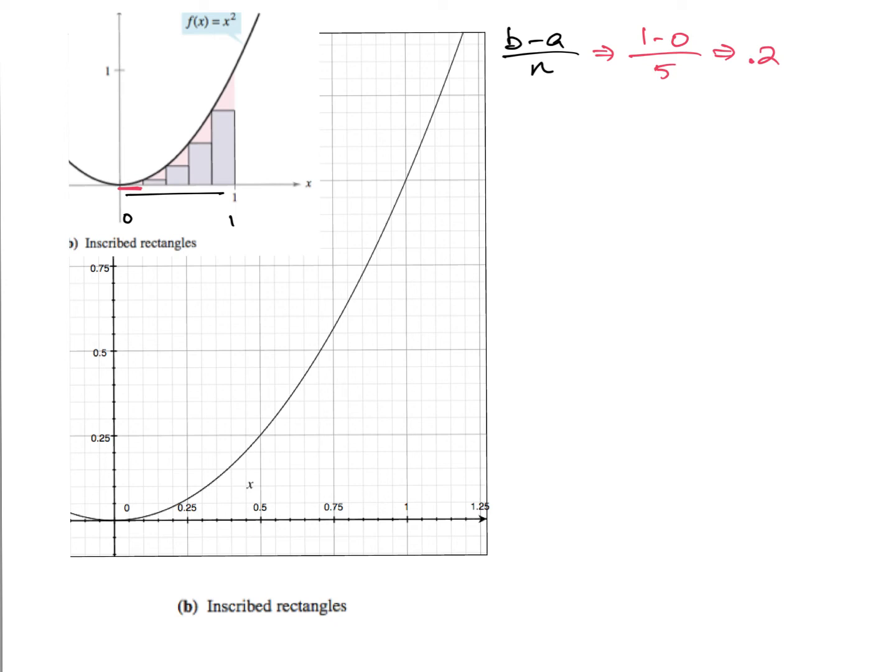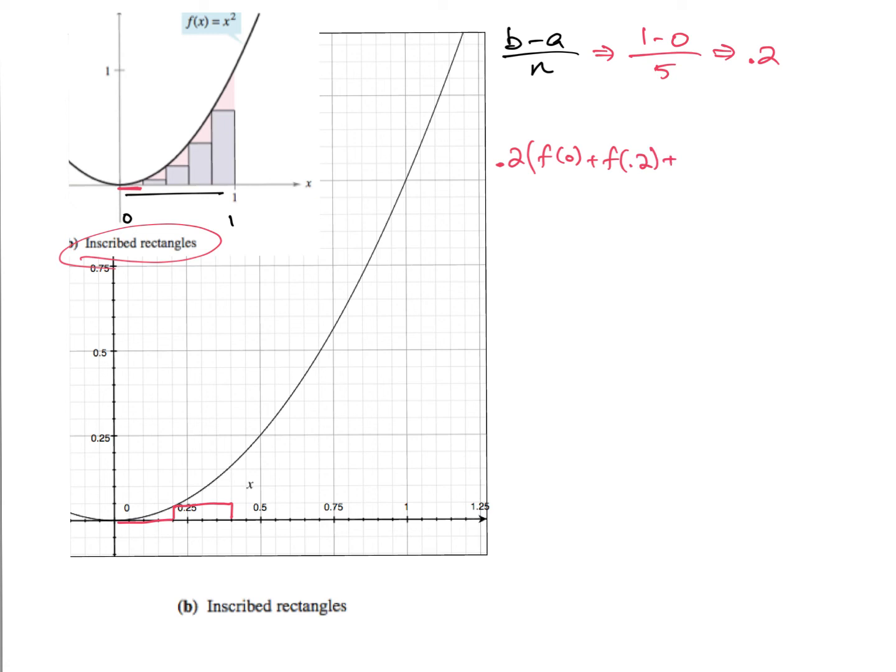All right. So is this an LRAM or an RRAM? This is an L because I'm going from the left. It's inscribed because it's why? It's under. So I'm going to have a width of 0.2, and then I'm going to start out with f of 0. And then I would have f of what? If I use a width of 0.2, then I would go up at 0.2. So f of 0.2.